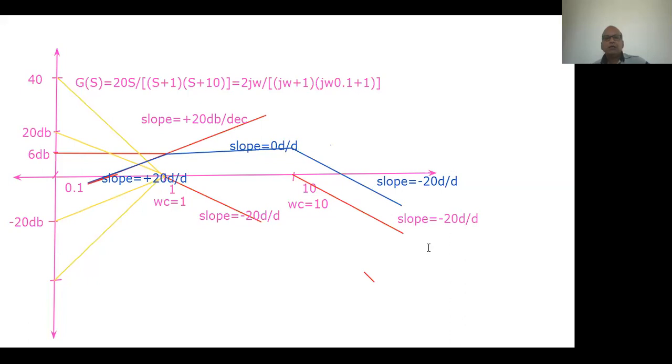Again, there is another way to calculate the magnitude Bode plot by considering the individual factors, that is 2 j omega, draw its asymptotes and take the additions. Okay.